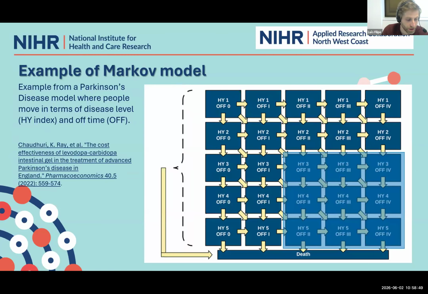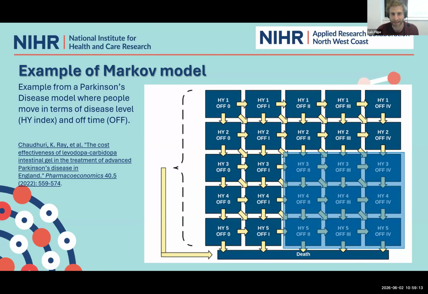So if there are no questions, I'm just going to show you an example, using again the example that Valerio was using, of the economic evaluations that we've done on this Chowdhury paper, where they use a Markov model for Parkinson's disease. And it's a lot harder, a lot more complex than the ones I've been showing you.